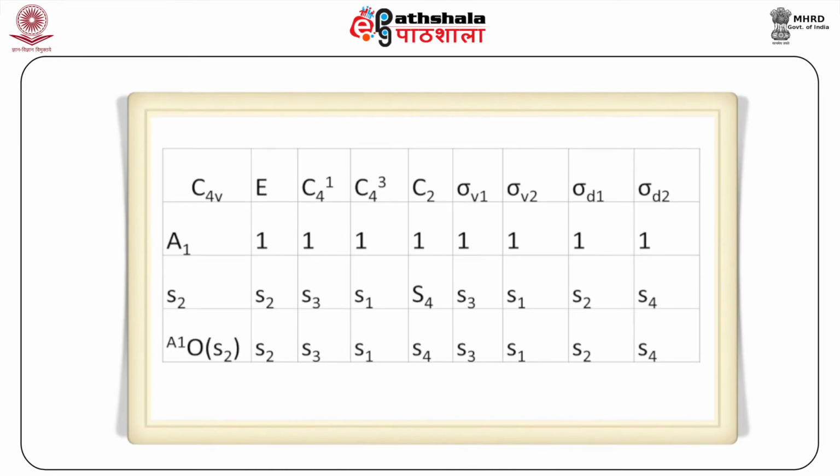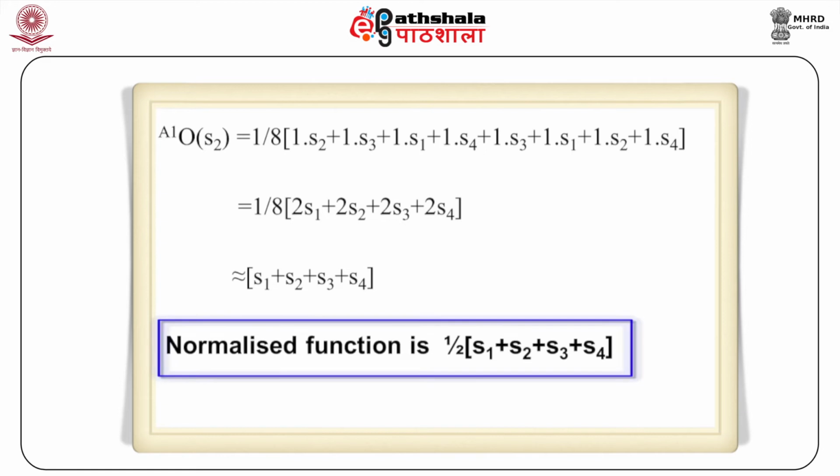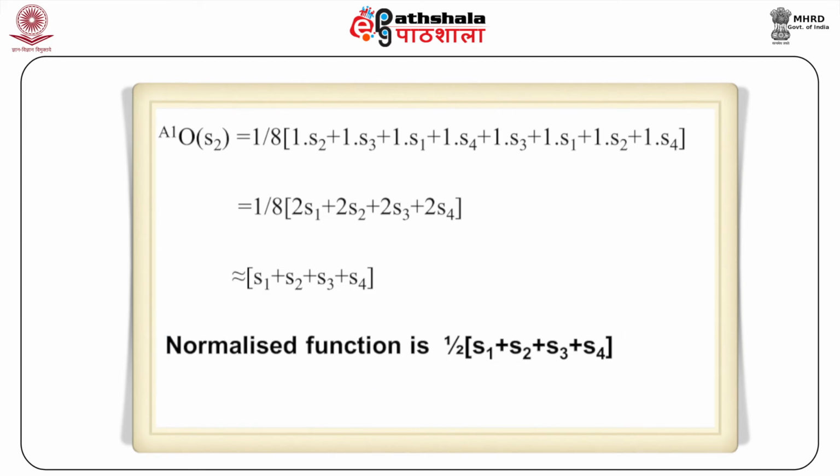One row shows how S2 transforms and the last row shows A1 on S2. So the net result of A1 on S2 is equal to S1 plus S2 plus S3 plus S4. The normalized function is 1 upon 2 S1 plus S2 plus S3 plus S4. This is the same result as we obtained in equation 1.